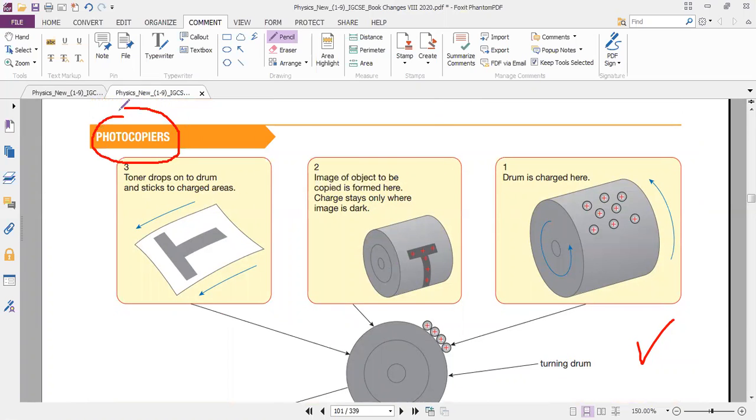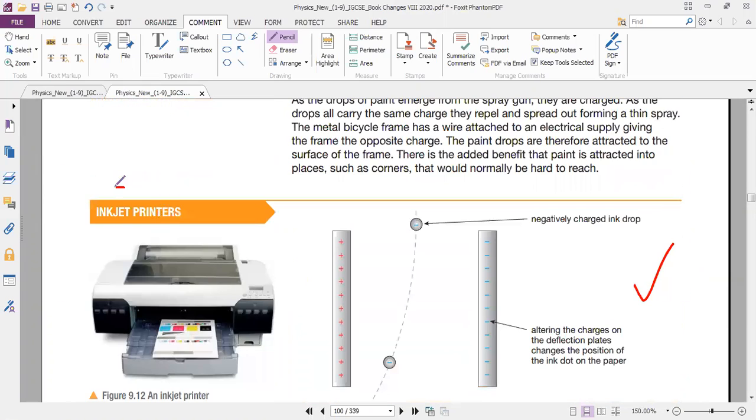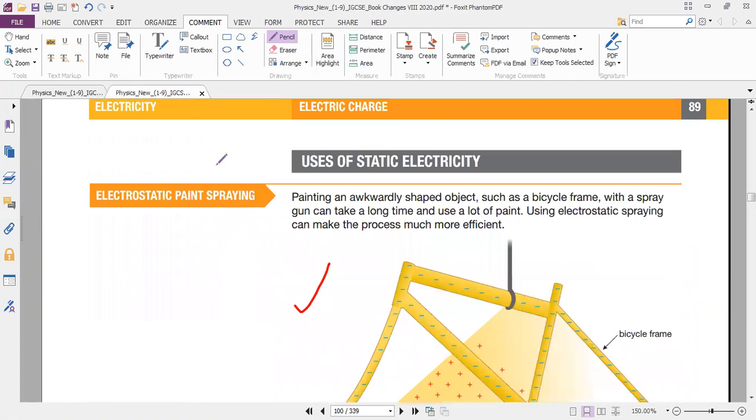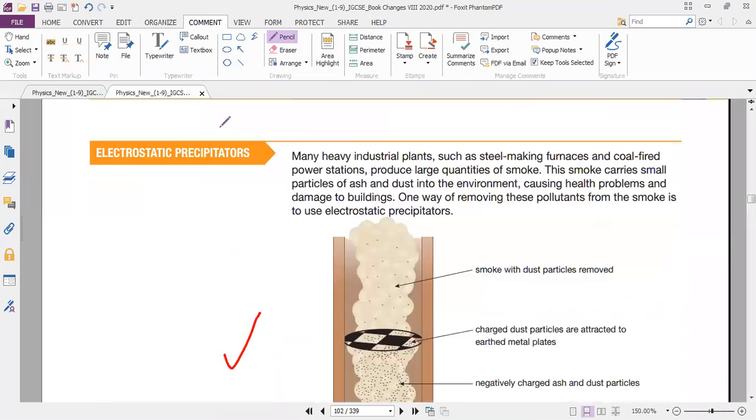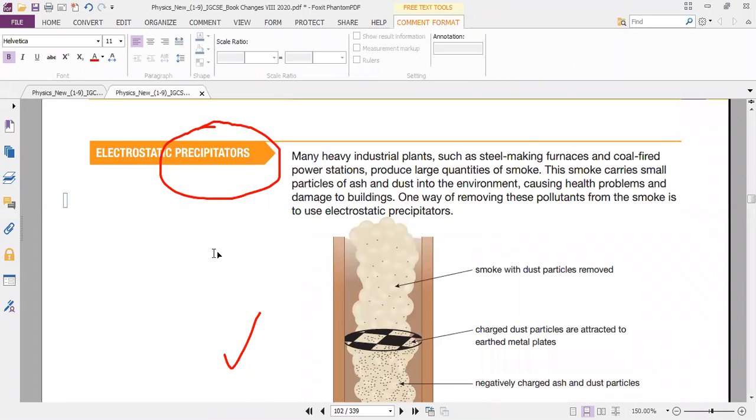In an inkjet printer, we use static electricity. In bicycle painting, we use static electricity. And in an electrostatic precipitator, static electricity is used. These four applications of static electricity, I can write as a note for you.